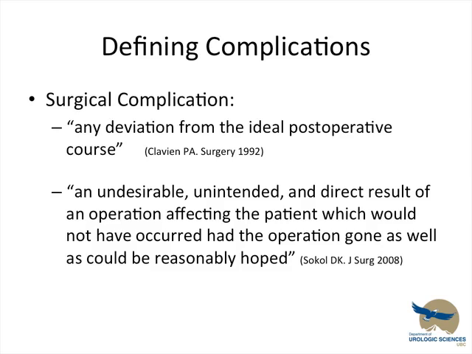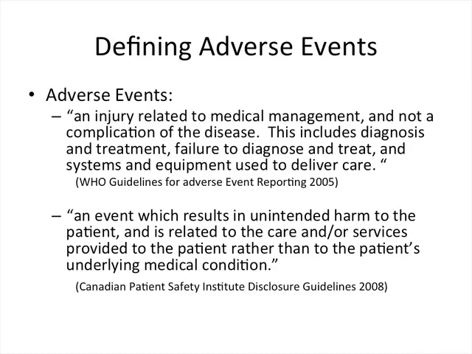More current complication literature defines complications as an undesirable, unintended, and direct result of an operation affecting the patient, which would not have occurred had the operation gone well as reasonably hoped. Adverse events, comparatively, as defined by the WHO, is an injury related to medical management and not simply a complication of the disease itself.